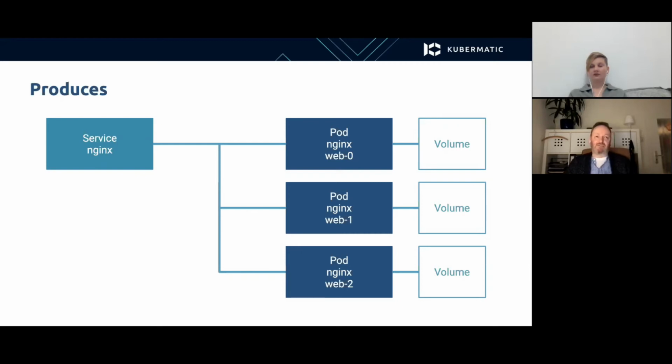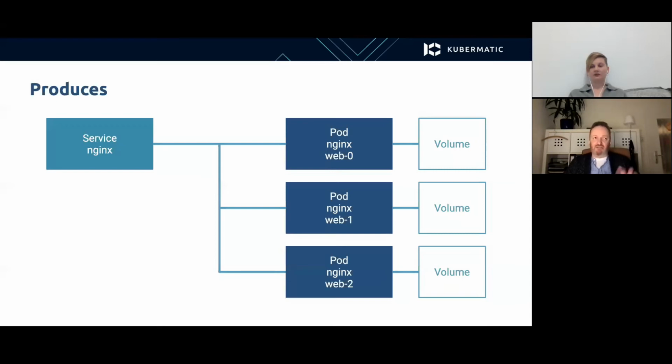This is quite interesting for software that needs a kind of controlling or master part in number 0, especially databases. Here, nginx not so much. And as you see, all of them have their individual volumes.